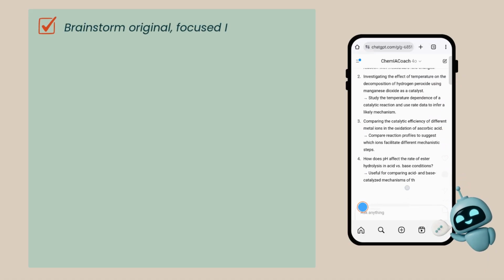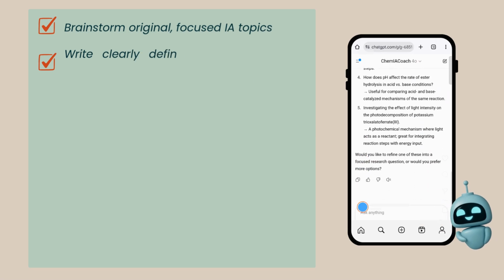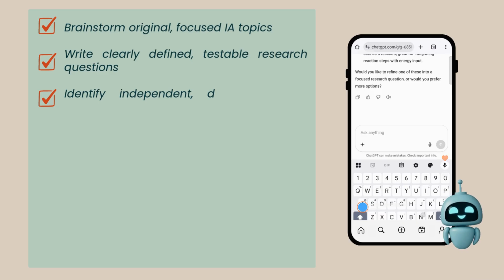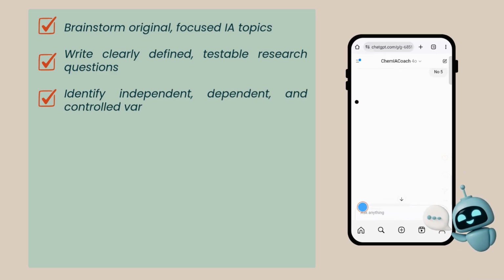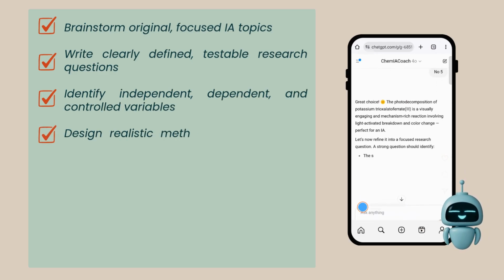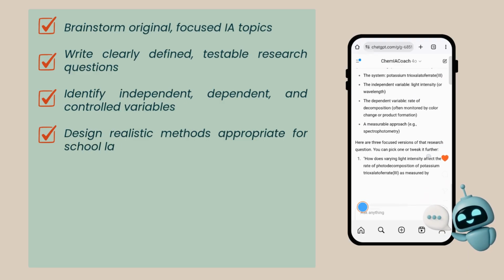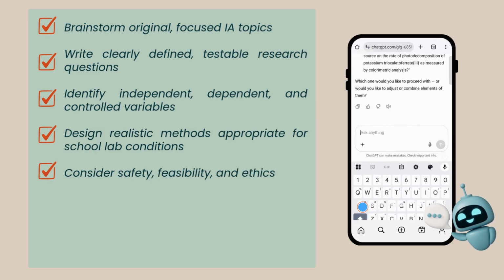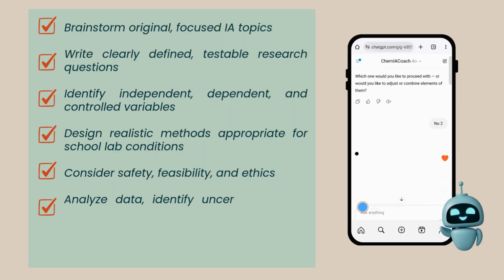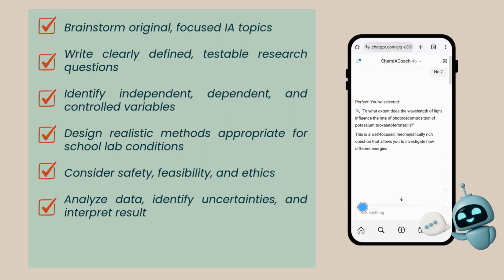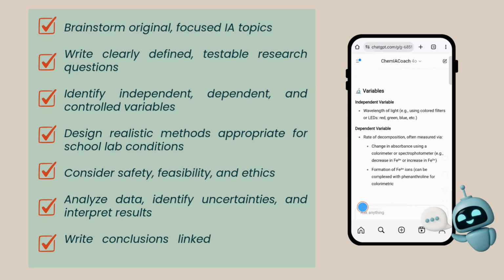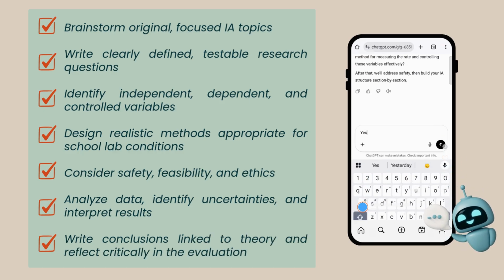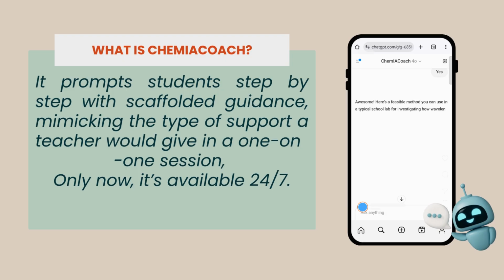Chemiacoach helps students brainstorm original, focused IA topics, write clearly defined, testable research questions, identify independent, dependent and controlled variables, design realistic methods appropriate for school lab conditions, consider safety, feasibility and ethics, analyze data, identify uncertainties and interpret results, write conclusions linked to the theory and reflect critically in the evaluation.